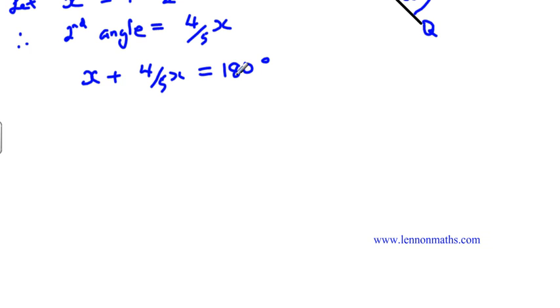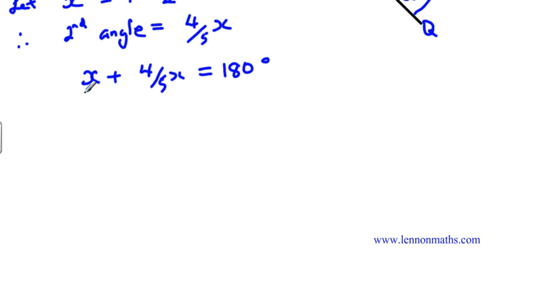So we have a linear equation. Now how are we going to solve that? Well, the first thing I like to do is get rid of any denominator inside of an equation.